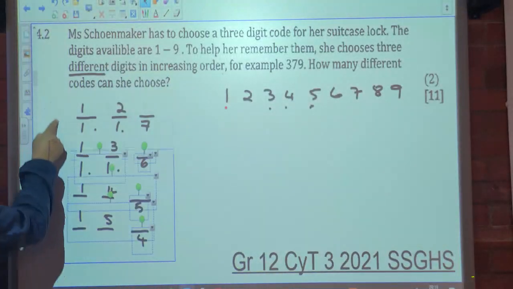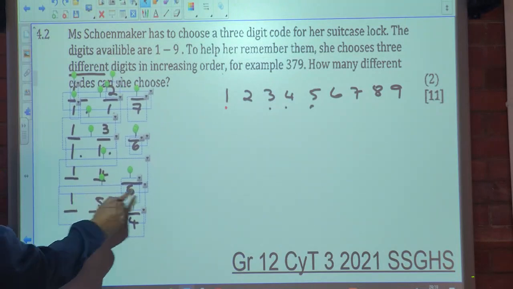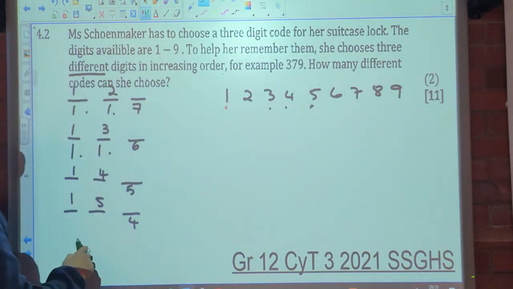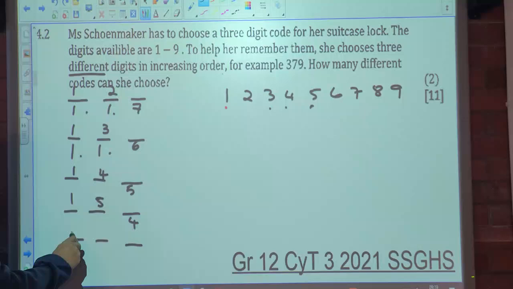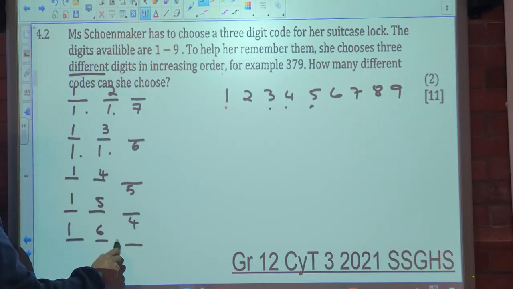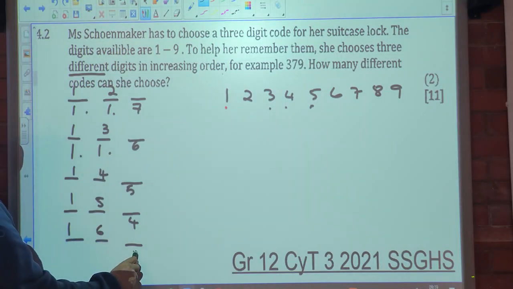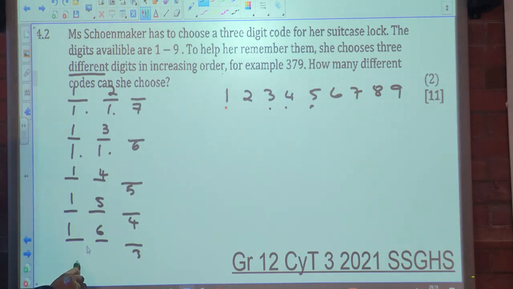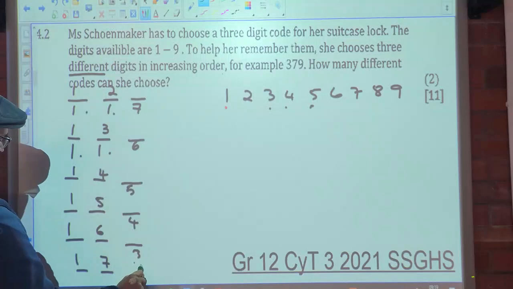It now gives me the next number, which is 1, 6. And how many options would I have here? 3. And then 1, 7. How many options do I have here? 2.